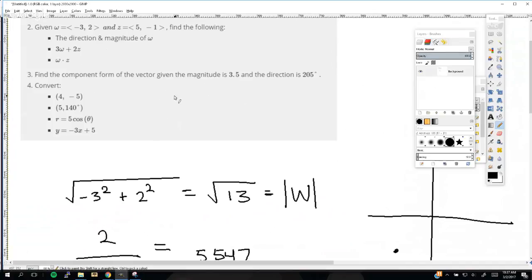So to find r, which is the magnitude, you do 4 squared plus 5 squared, which is 16 plus 25, so what is that? 41. Then you do -5 over root 41. Then you do arc sine on that.